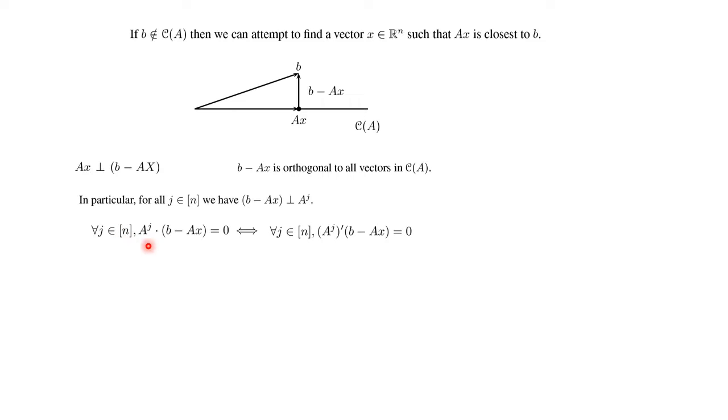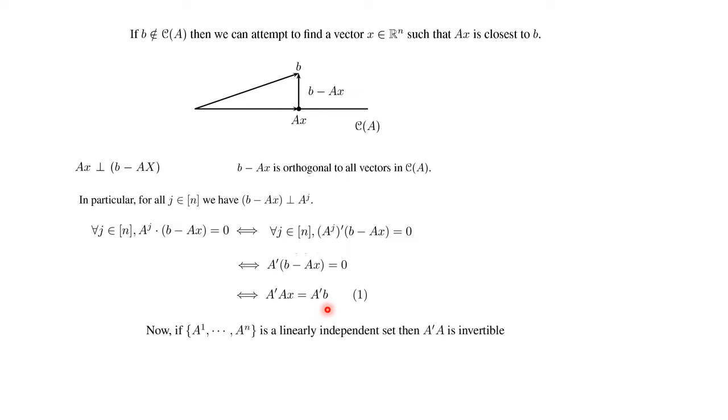So column vector dot column vector is achieved by taking the transpose of aj, which is now a row vector, times this column vector. And that means if we now multiply this in, the whole of A transpose times (b minus Ax) must be 0. Now multiplying those in, A transpose A times x must equal A transpose times b.